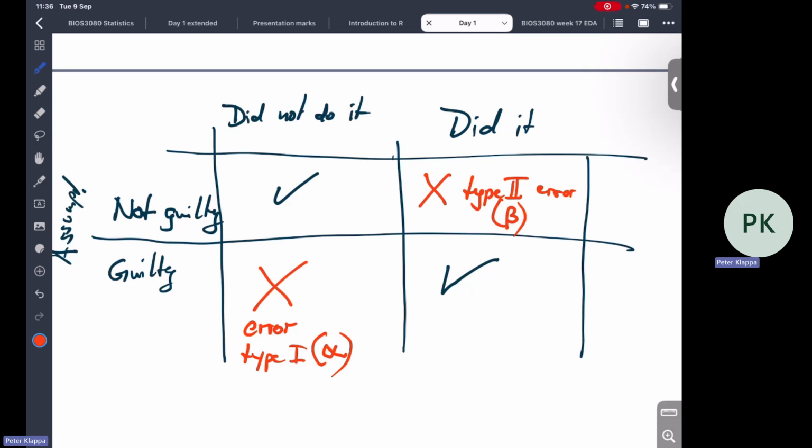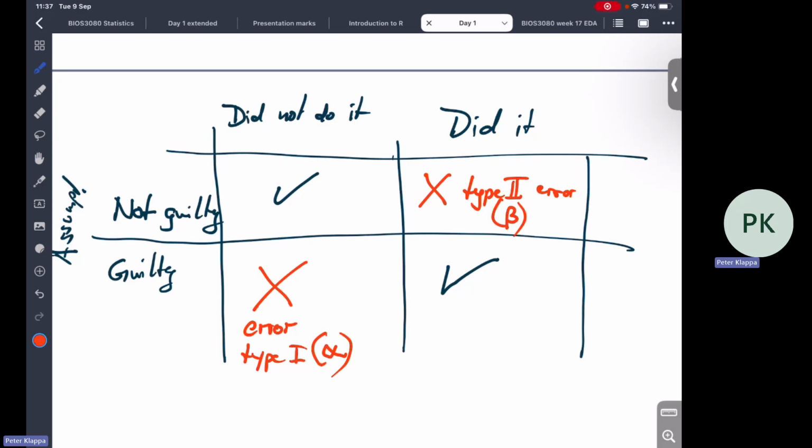In this case, which one do you think is more problematic? Type 1 or type 2 error? What do you feel? The type 1 error. You would be seriously pissed off if you had to go to jail for something that you didn't do, right? So type 2 is not so important in this case.